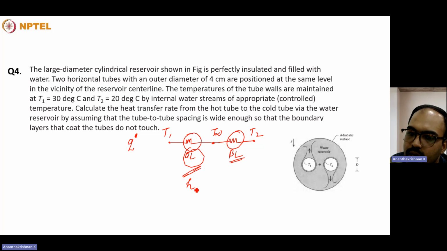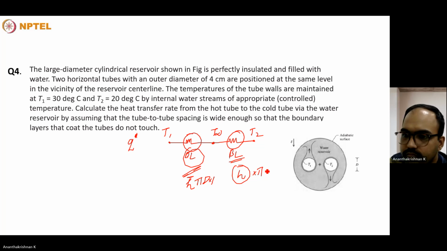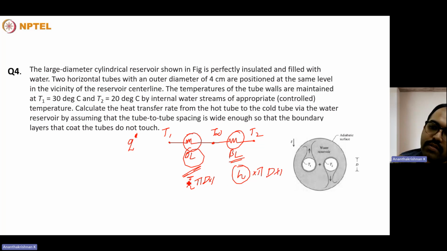If you assume a unit length, it will be h bar into pi into d into 1. Similarly, on the other side, the heat transfer coefficient will be the same h bar, which depends upon the Rayleigh number and the average fluid properties, and pi into diameter remains the same into 1. To determine the heat transfer coefficient, basically the Nusselt number, you require the Rayleigh number. For that, the fluid properties need to be evaluated at the average temperature.